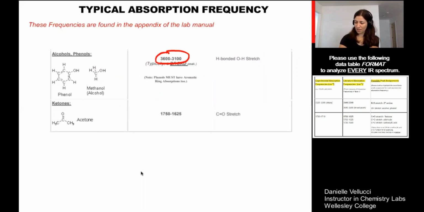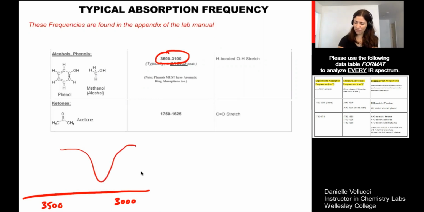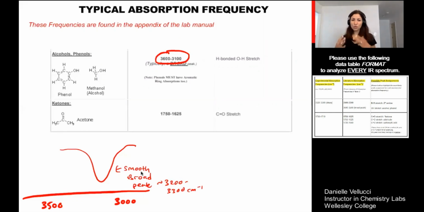So if we're in that region of the IR between 3500 and 3000, when I have an alcohol or a phenol present, it's often true that I will see a smooth, broad peak around 3200 to 3300. Okay. There can be a little bit of variation within these numbers. This is usually a prominent absorption signal.